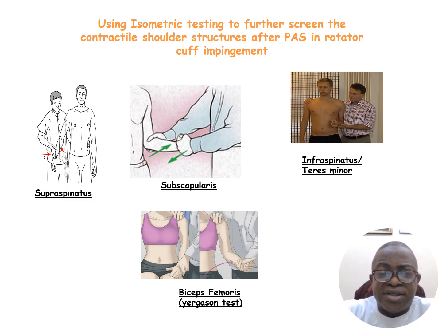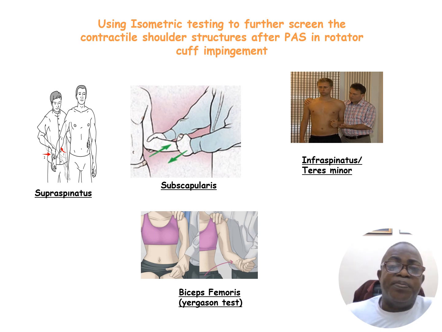So painful arc syndrome tells us that something could be wrong with the rotator cuff muscles, but it didn't tell us which one of them in particular. In the rotator cuff muscle family, we have the supraspinatus, the infraspinatus, the subscapularis, and the teres minor. How do we know which one of them is affected? Although the PAS test has told us there could be a problem in each one of them.